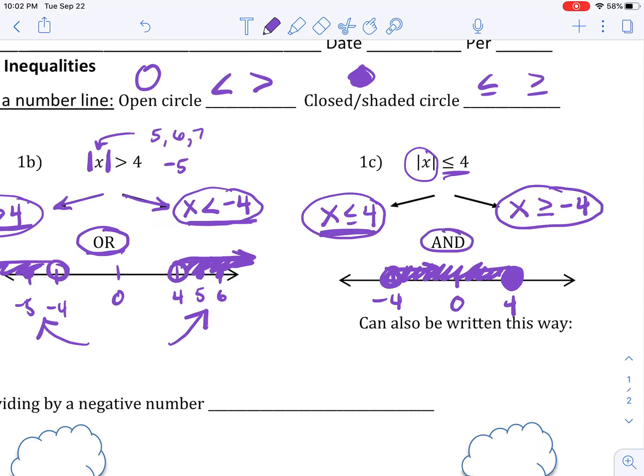Our numbers have to be less than or equal to 4 and greater than or equal to negative 4. It has to be between these two values. Another way you can write that is with the x in between. Put the smaller number on the left. X is greater than or equal to negative 4 and less than or equal to 4. X is between those two values.